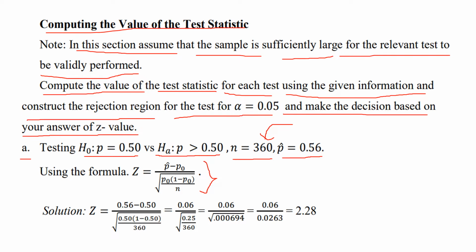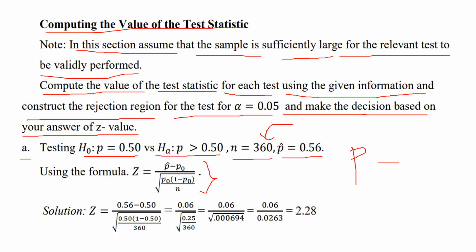Then we just simply assume, what will be your P? Your P hat is equal to 0.56, and your P sub O will be your hypothesized population proportion, which is 0.5 based on the null and alternative hypotheses.